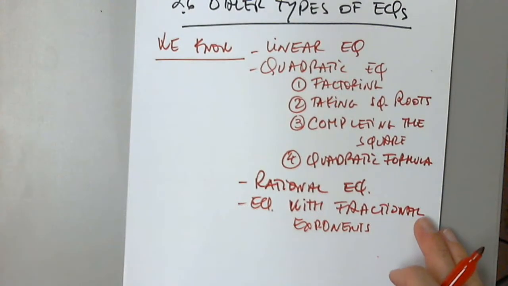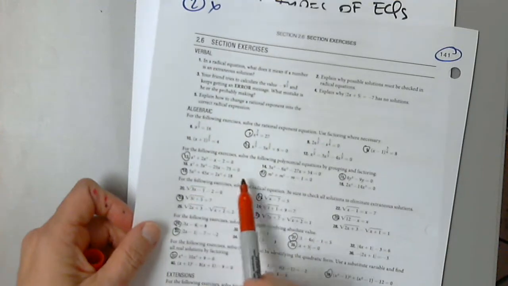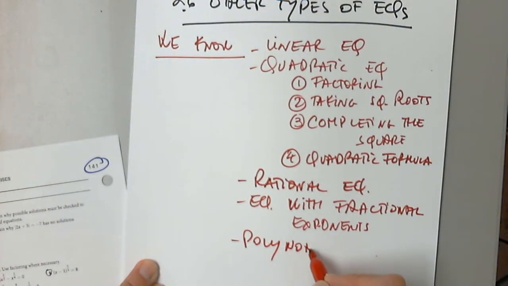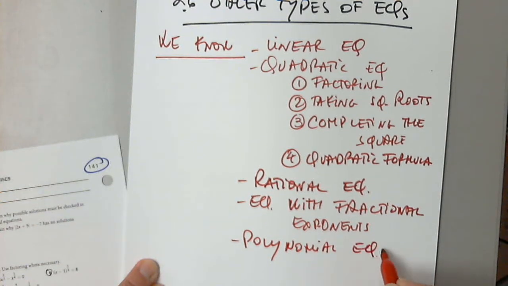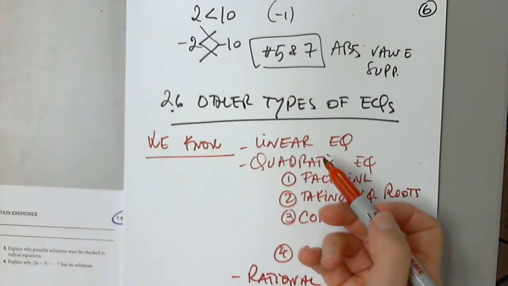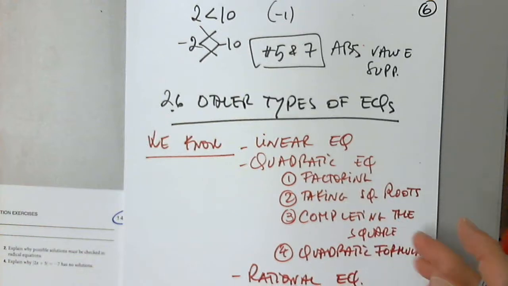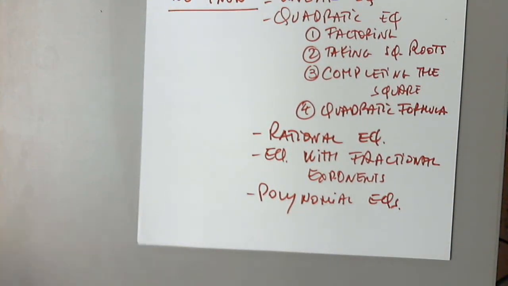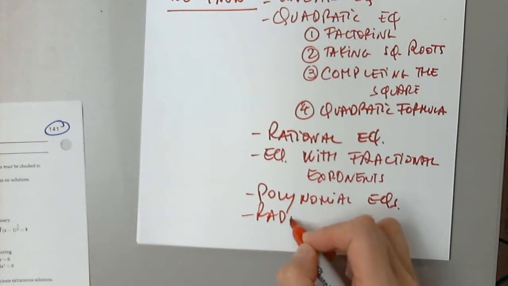We are going to look at polynomial equations. And you could say, but what about linear and quadratic? Aren't these polynomial? Yes, they are, but we are talking about higher degree here. We are going to look at radical equations.